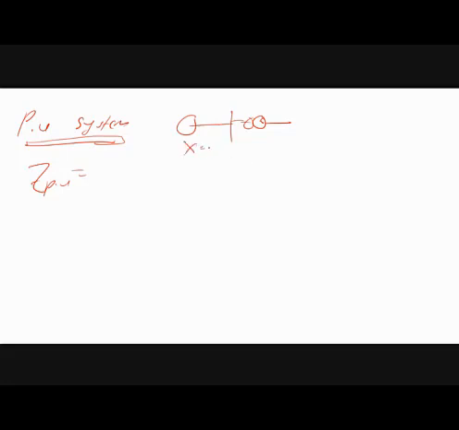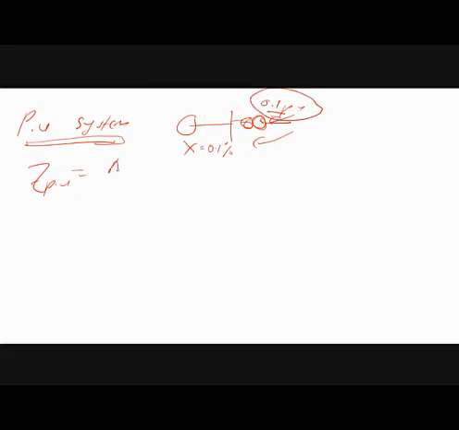Let's say X is 0.1%. Sometimes they use percent. Sometimes they use 0.01 per unit. This all actually refers to the per unit value, referring to its own per unit value. That's why we have to know what the per unit value is.